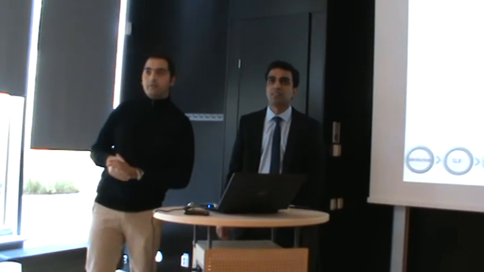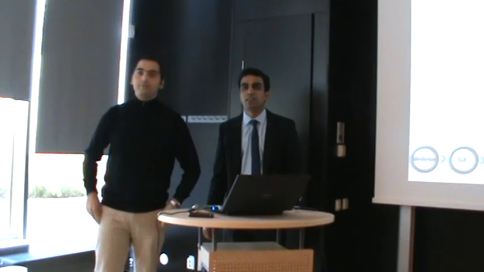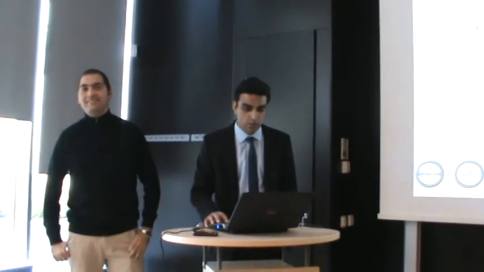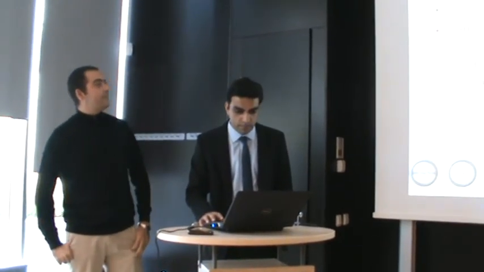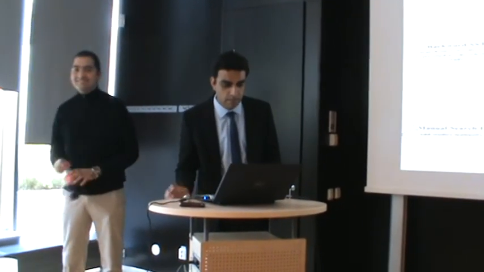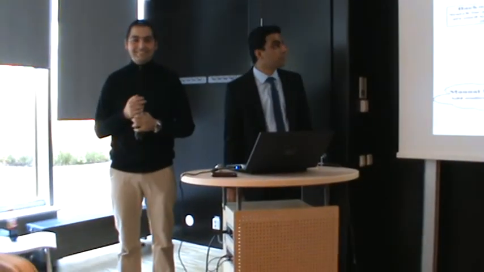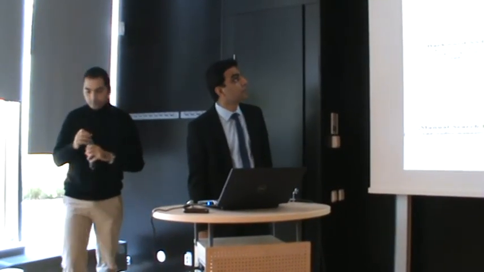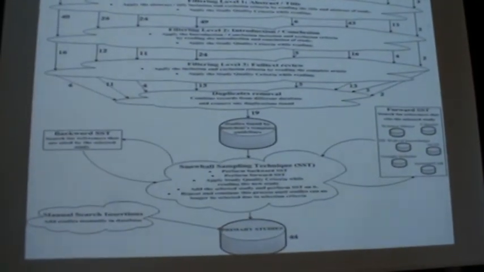Can you go back to your slides, like your research methodology figure? Here you said that in level 1 you just read the abstract and title. In level 2 you read the introduction and conclusion. In level 3 you do the full text review.